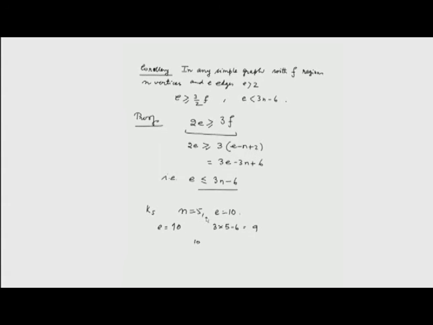So, I have got 10 is less than or equal to 9, which is a contradiction, and therefore, it cannot be a planar graph.